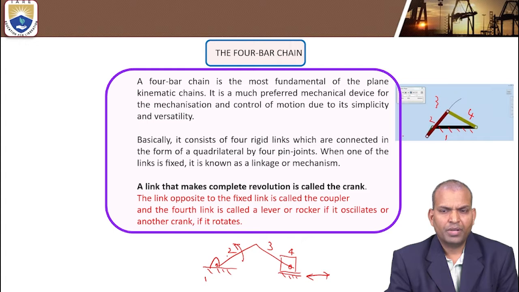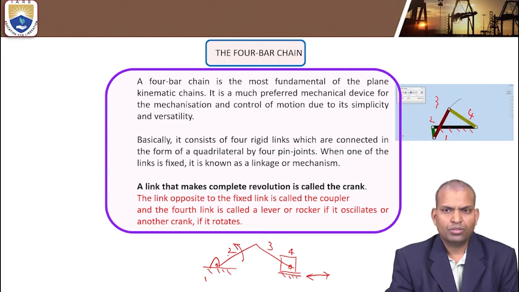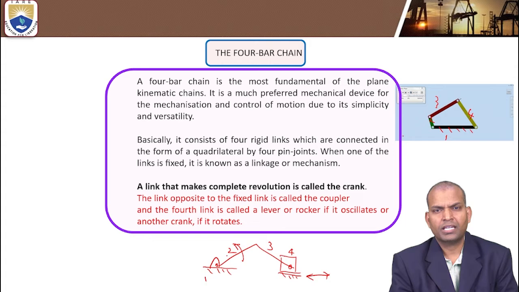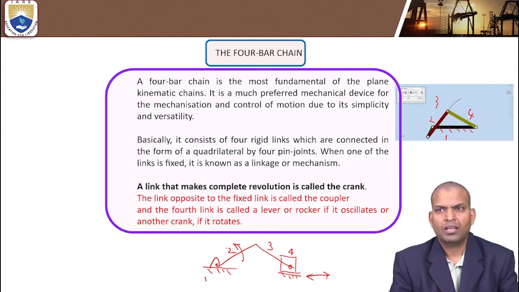And by fixing link 4, we see it in the case of the hand pump. So different mechanisms, these inversions, are used for different applications by using the single slider crank chain mechanism.